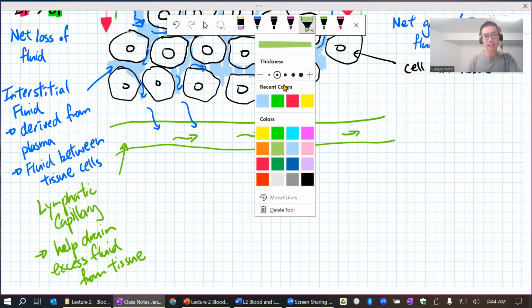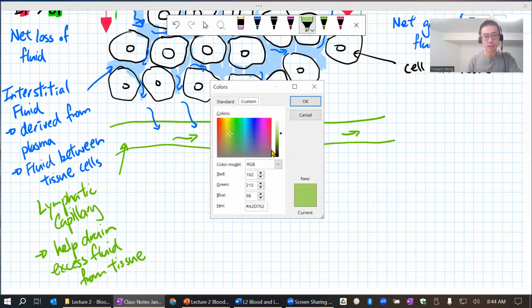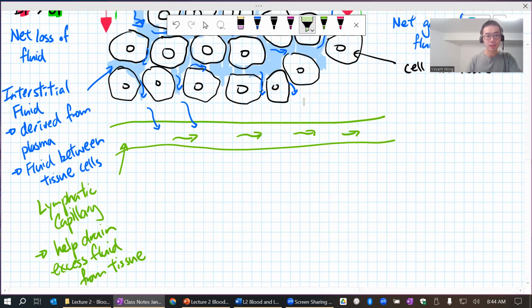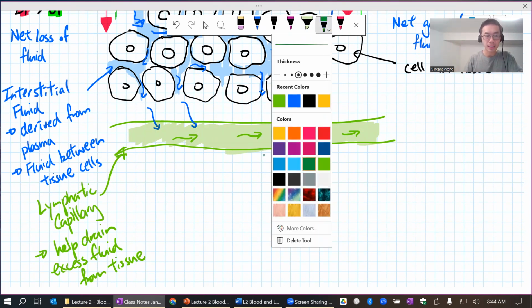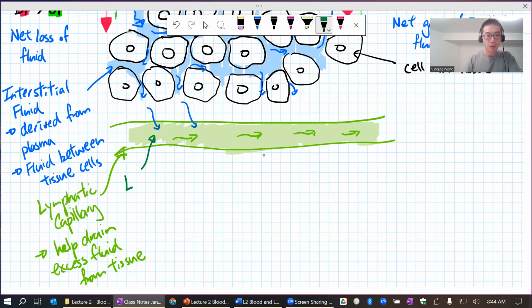Once it is in the vessel, in the lymphatic vessel, the fluid goes by a different name. We call this lymph now. The lymphatic capillary is the tube, and the fluid that's inside is called the lymph.